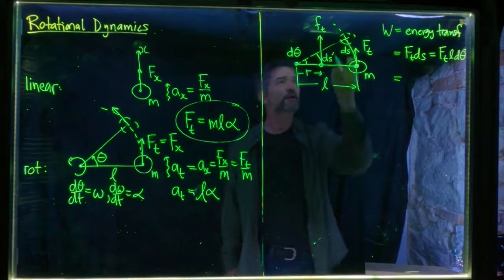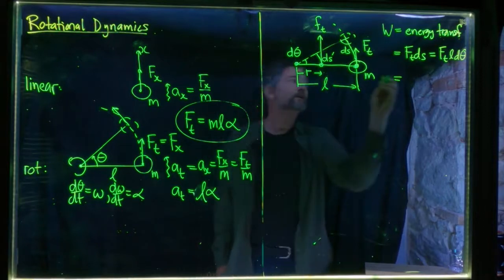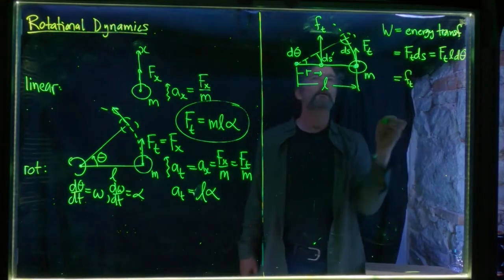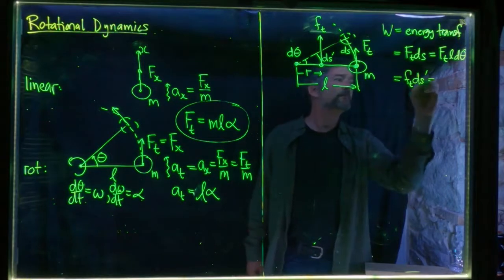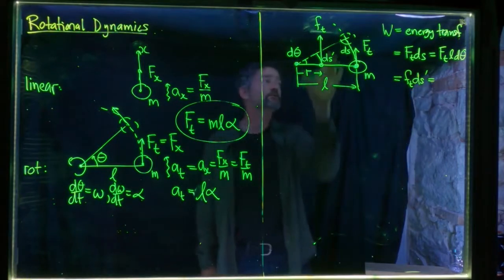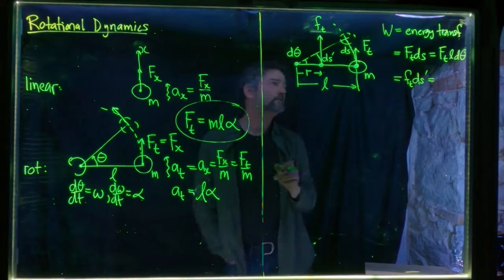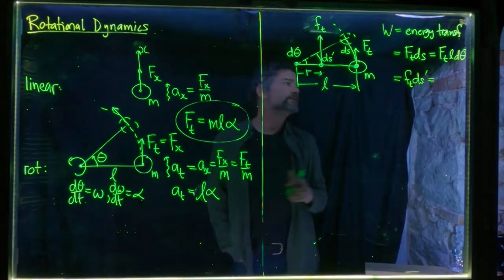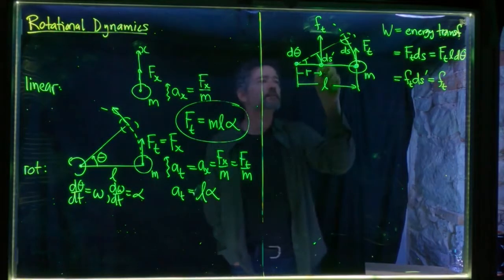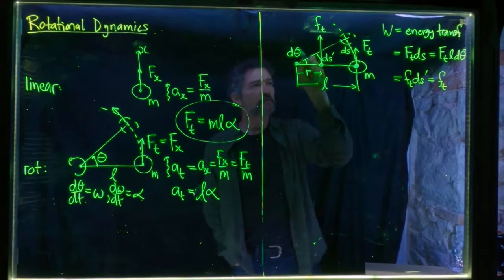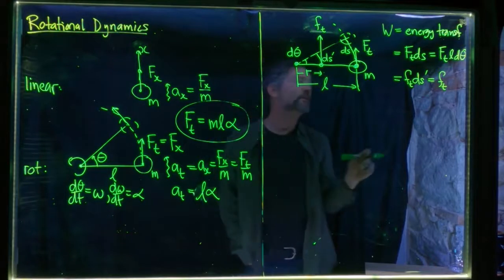We want to equate that to the amount of energy that force little ft, acting over a displacement ds prime, transfers to this rigid body. And so this is little ft, and then ds prime, this little arc length, is the angle d theta times that radial distance r.